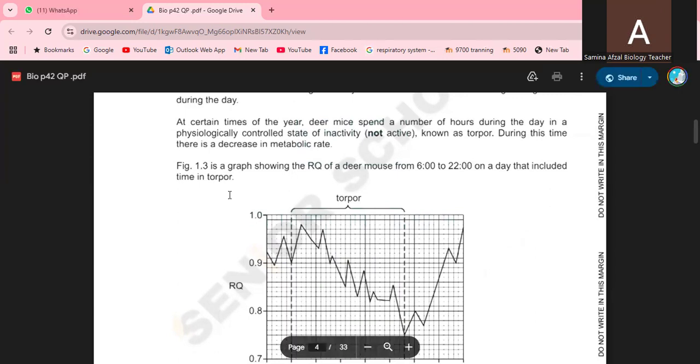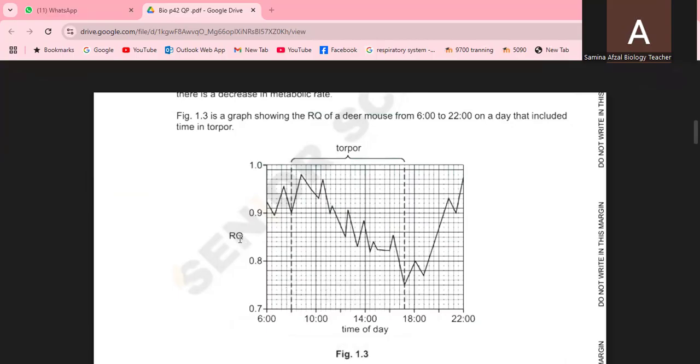This is the specific word used when the deer mouse is not active. During this time, there is a decrease in metabolic rate. The graph shows the RQ of a deer mouse from 6 to 22 on a day that included time in torpor.